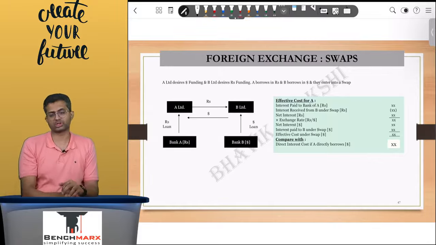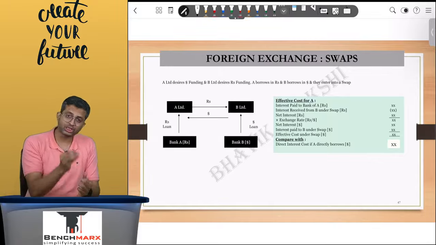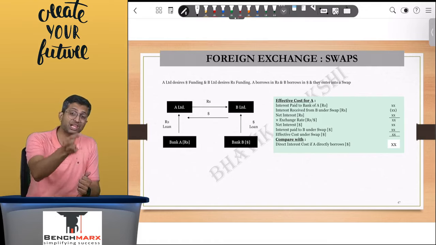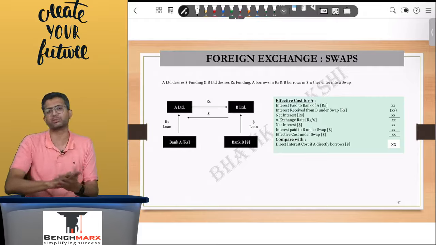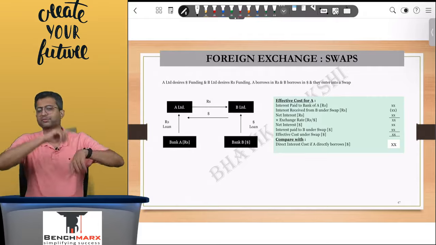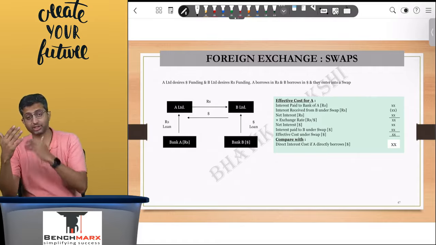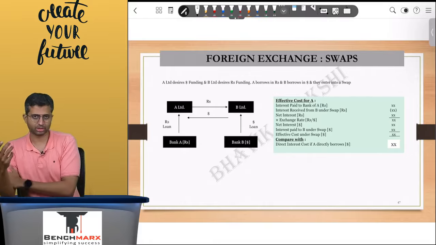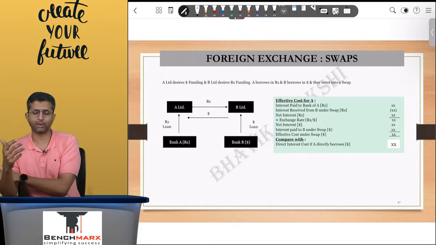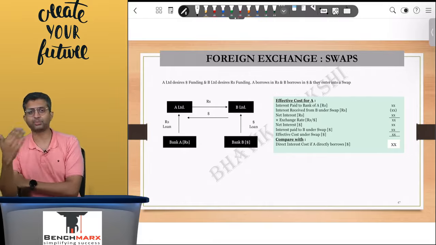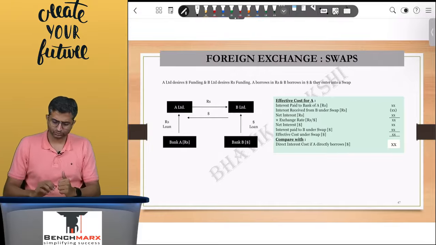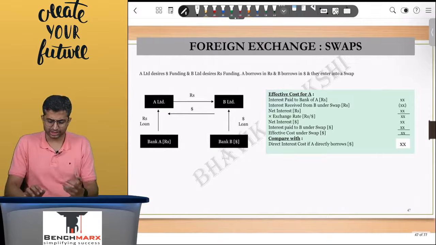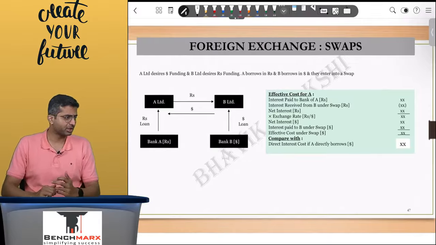This is the net cost that Mahindra is going to pay, and for the swap to be beneficial, this should be lower than the cost that Mahindra would have paid had it gone to the US and directly borrowed. So let us say after doing all of this, Mahindra net pays 9% on its dollar amount. If it directly borrowed, it paid 11%, in which case we say that this swap is beneficial. So this is about currency swaps where you have the effective cost as well.